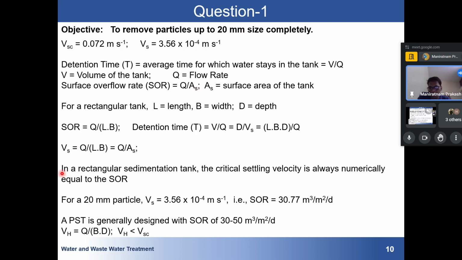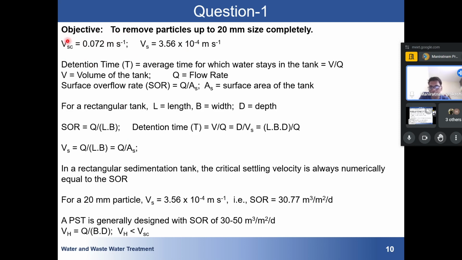With the help of this VS, we will have an idea of the length and width, and with the help of this horizontal velocity, we will have an idea of the width and depth. So if some data has been given to you to design this kind of settling zone, by following these steps you can find out the length and width of your settling zone. I hope this is clear. The main point is that these two velocities are important.